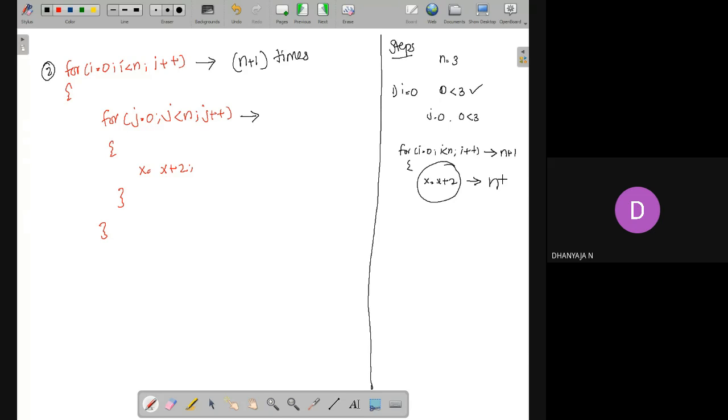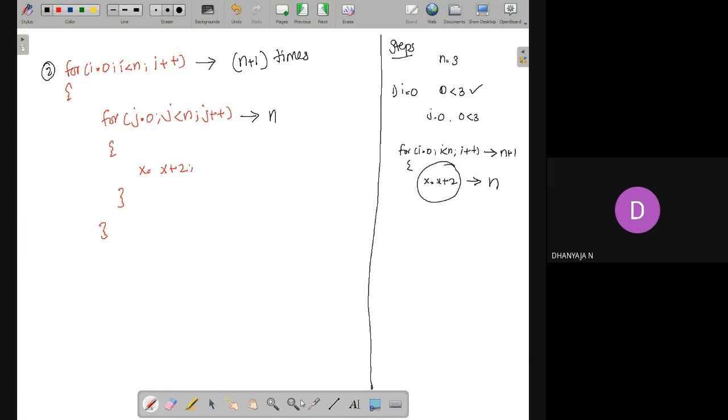Now just consider this is a for loop. All the statements inside this for loop will be executing how many times? n times, right? That we have already seen in our first example. With that, I can say this will execute n times.